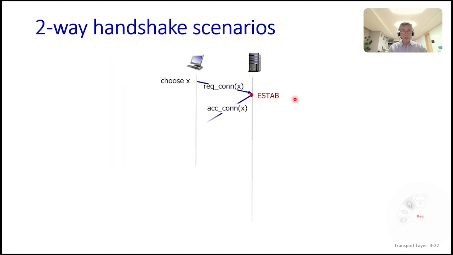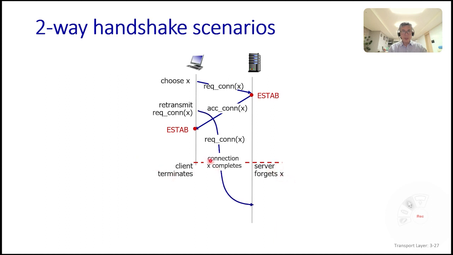Now the problem case. The client chooses x and establishes, and then the connection is terminated, and the server forgets x. But the client retransmits the request x because of a timeout, and then the acknowledgement comes.